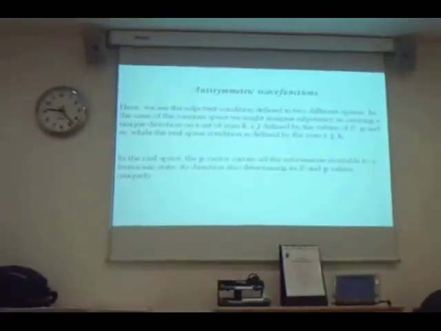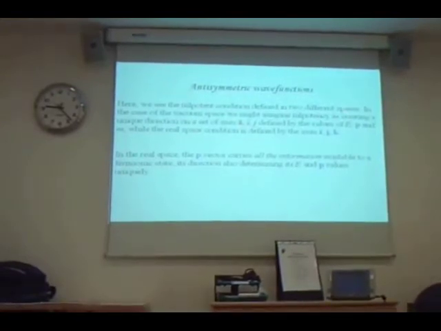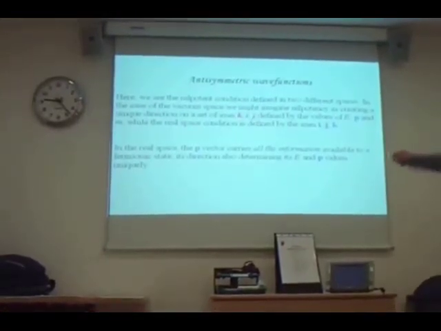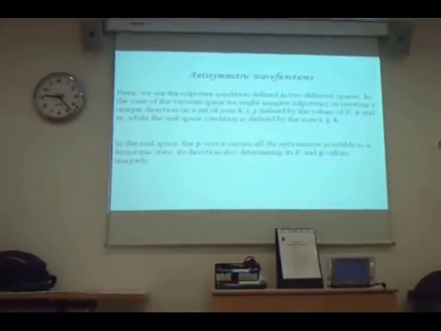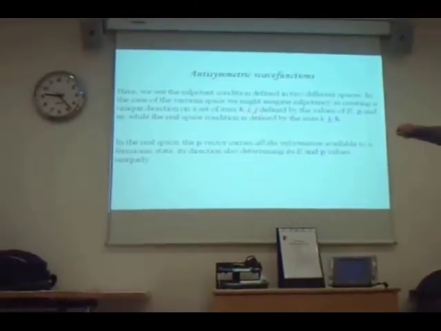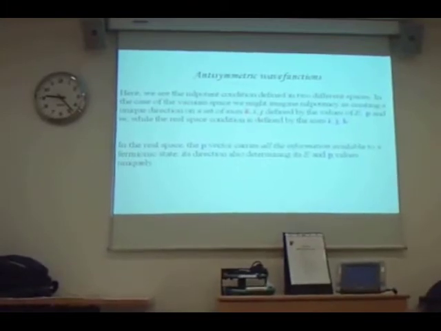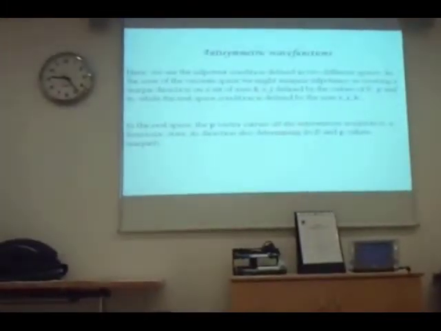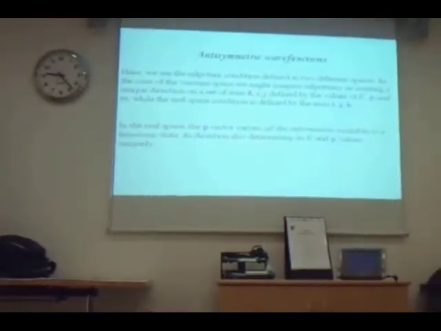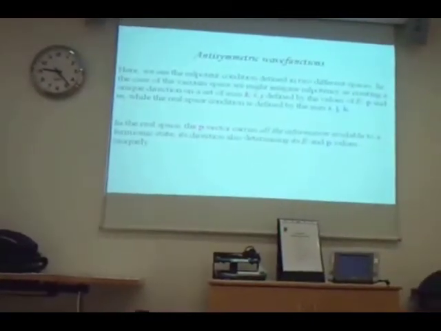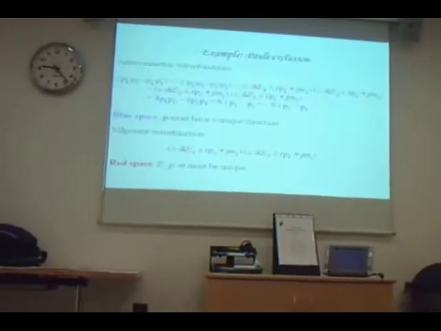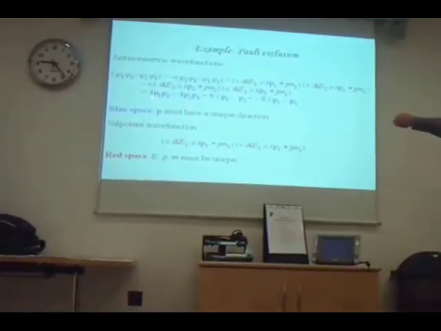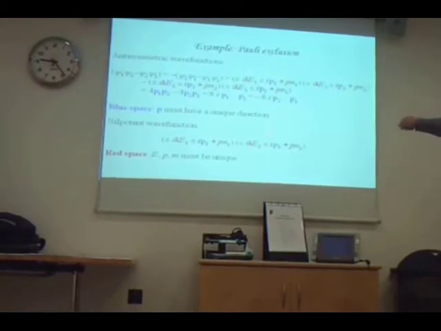So, we see the nilpotent condition is defined in two different spaces. We can either have the axes K, I and J in red, or we can have the axes I, J, K in blue. The order of these is just arbitrary, so I wouldn't worry about that aspect. So in the real space, the vector P has all the information. In the other space, the blue space, P must have a unique direction.